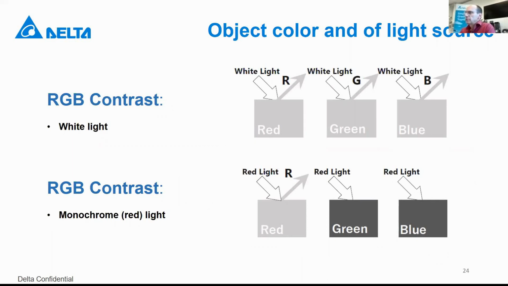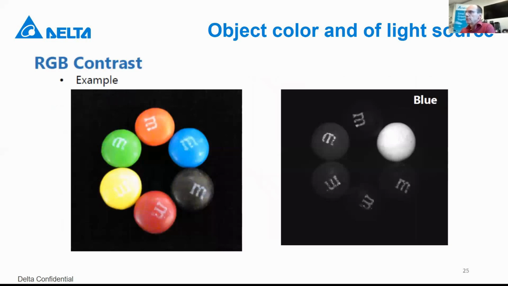But if you have red light, for example, then the red will not light up so high, but the green and the blue will light up much better in that case. Also when you check with a color camera, for example, if you have a blue object and you use a blue light, you can easily find the blue object.